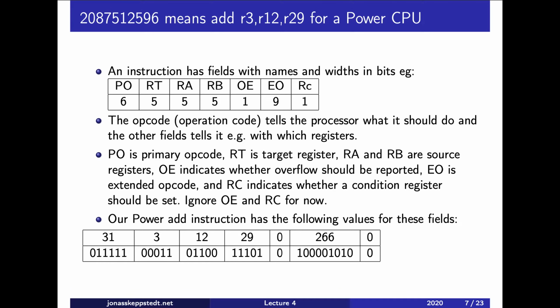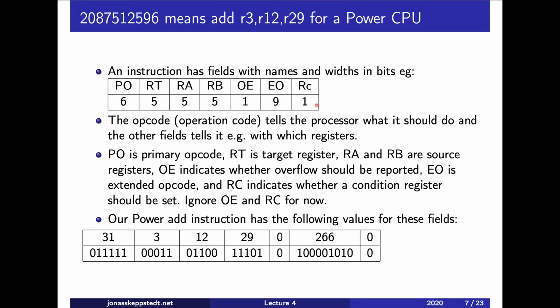When the hardware should understand what it should do with an instruction, it's essential that there is some structure to what an instruction looks like. All the instructions in the POWER machine have 32 bits.